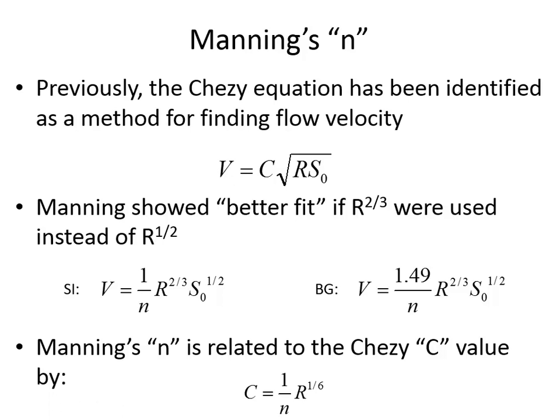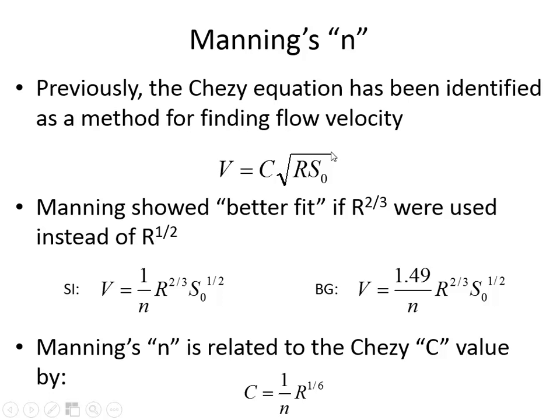Manning's N, which is a roughness coefficient, is sort of an evolution of another formula called the Chezy equation. And I've shown you the Chezy equation previously. In the Chezy equation, back when it was derived, it was thought that flow velocity could be predicted as a function of hydraulic radius to the 1/2 power.